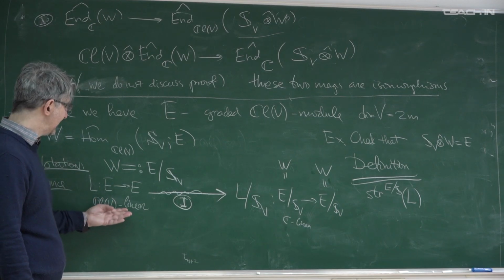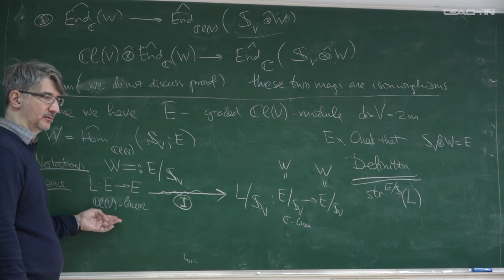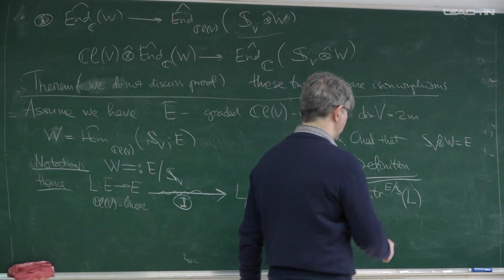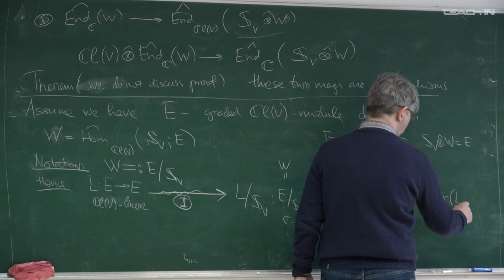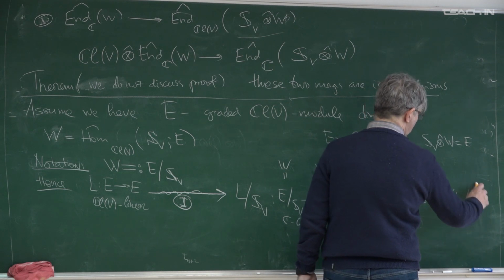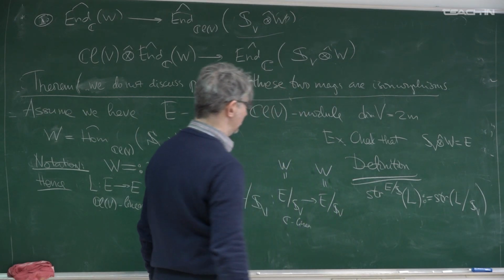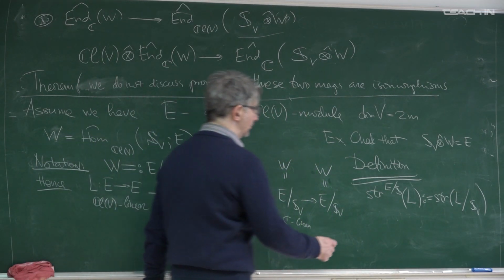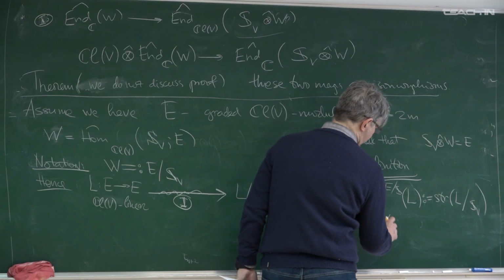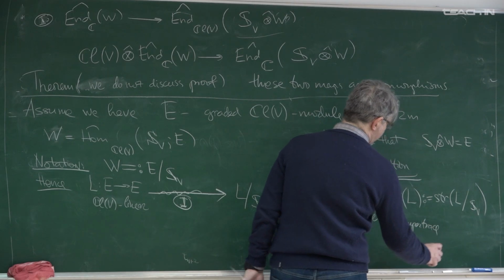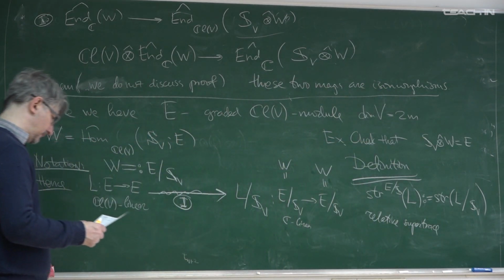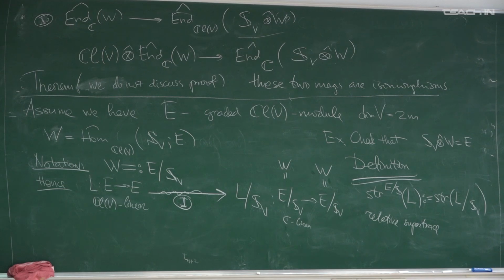So you need to take into account the structure of Clifford module. By definition, it is the usual supertrace of the operator on the right-hand side. Relative supertrace. This will be discussed a little bit later.